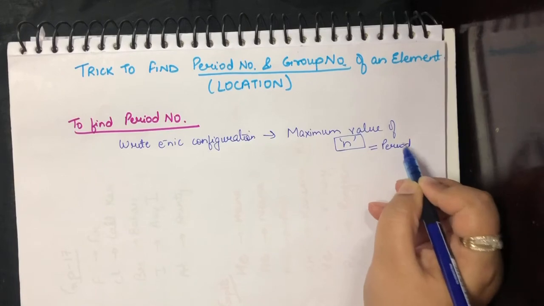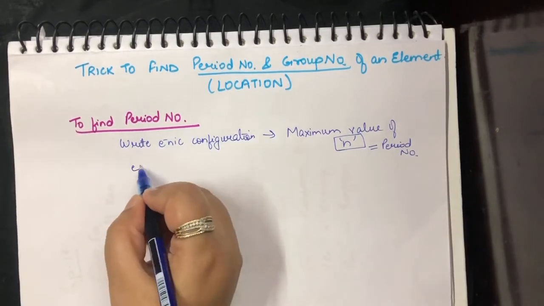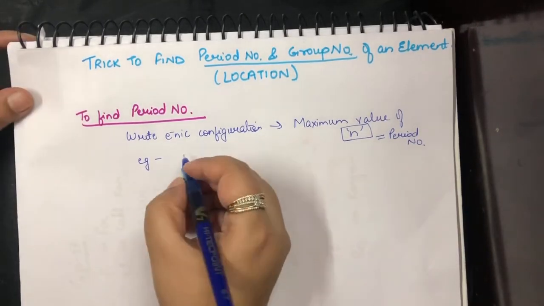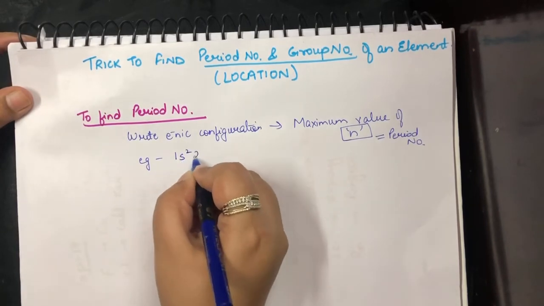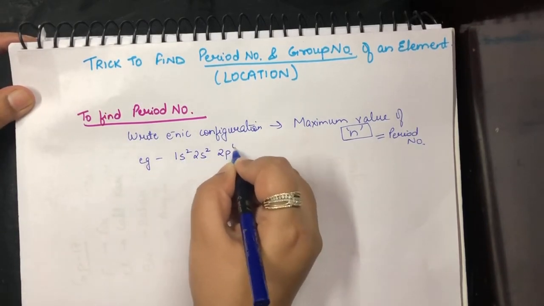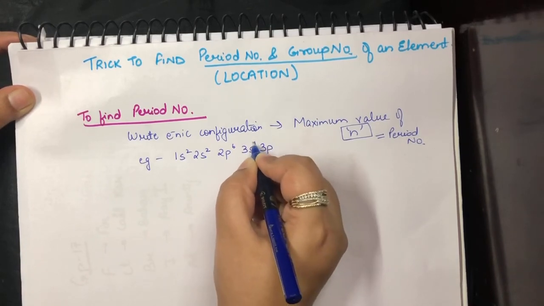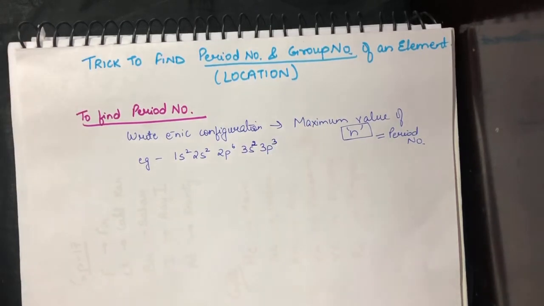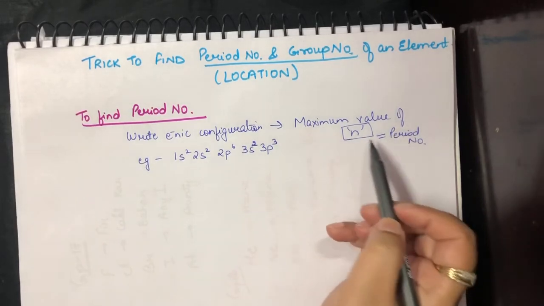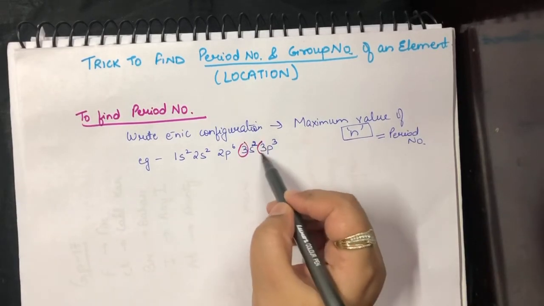And whatever the maximum value of principal quantum number is there in your electronic configuration, it is the period number. For example, let's say I write a configuration like 1s2, 2s2, 2p6, 3s2, 3p3. So now if I look at the configuration, the maximum or the highest value of principal quantum number is 3, right?